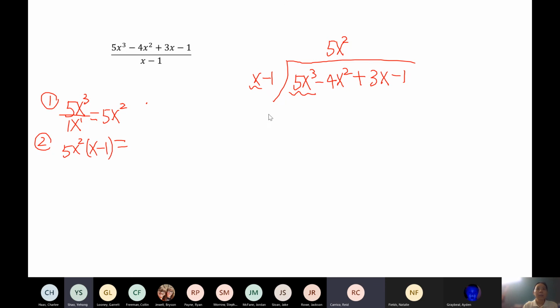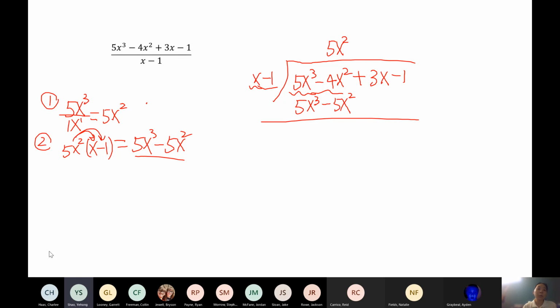So that's exactly what we're going to do: multiply 5x squared times x minus 1. If you can do it in your mind, go ahead and just write down your answer, lined up with those two terms. But if you can't, write it down on your paper, distribution. We learned all of these before the first exam already. Okay, so I'm going to copy this down here, 5x cubed minus 5x squared. Sorry, I missed the square there. Okay, lining up, and now do subtraction.